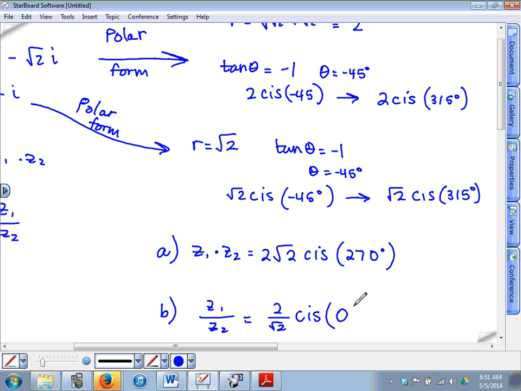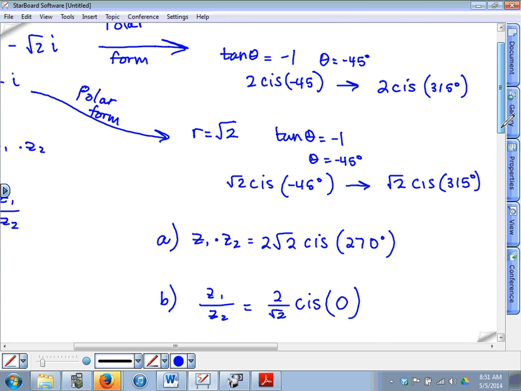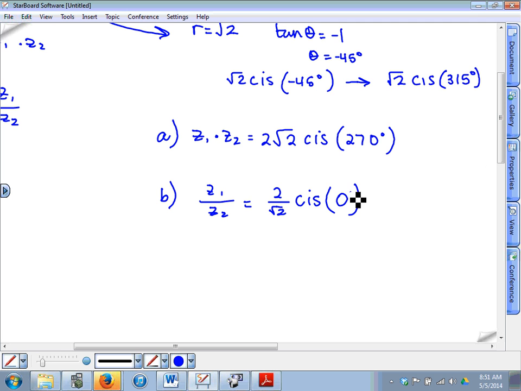Yeah, you subtract the 2, so it's going to be 0. All right, what is 2 divided by square root 2? Multiply top and bottom by square root 2, so it's 2 root 2 over 2. And then the 2's cancel. So that's just the square root of 2 CIS 0 degrees.